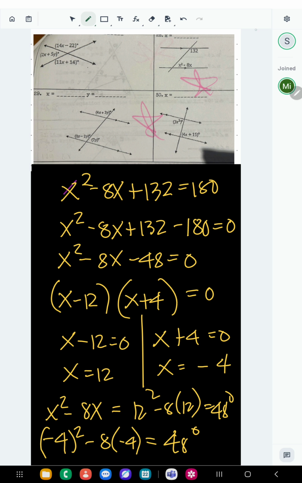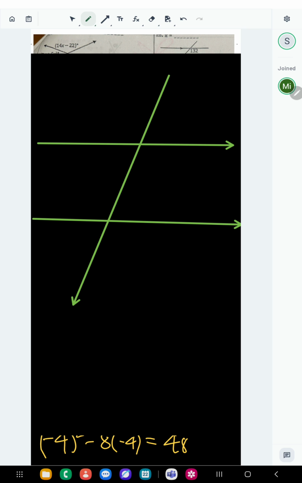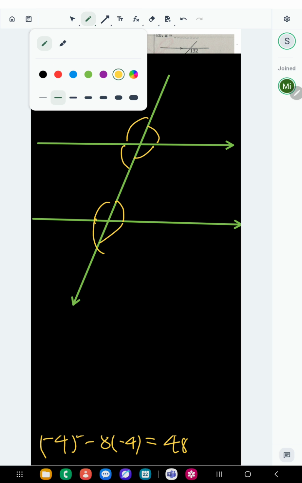Maybe I should draw that. So corresponding angles are these ones. I'll just mark them yellow. Corresponding angles: this one and this one, this one and this one, and this one and this one. So these are corresponding angles.